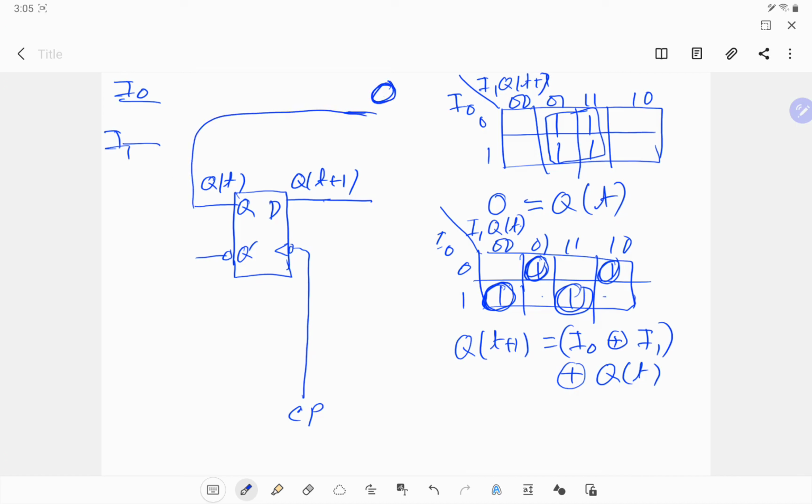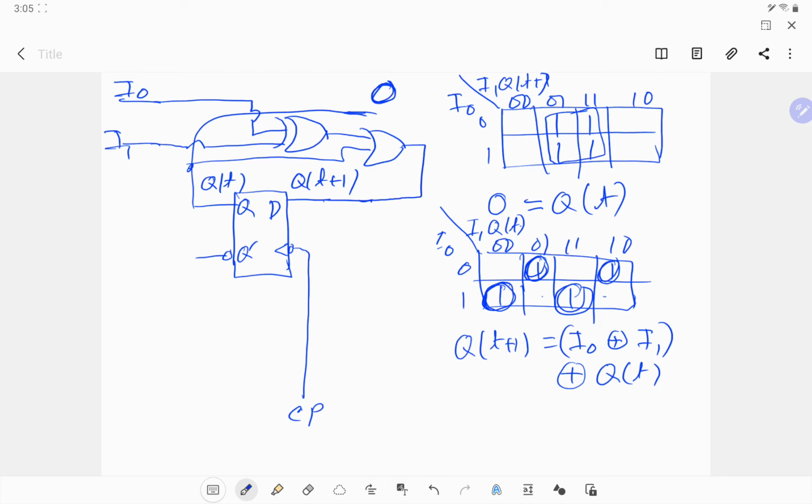This will directly go to O. And for Q(t+1), we need an exclusive OR gate, then another exclusive OR gate, and that will be Q(t), and this will go to Q(t+1), and that's it.